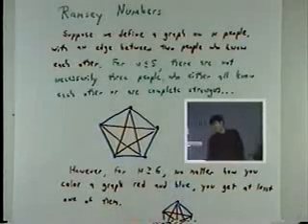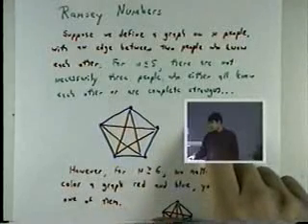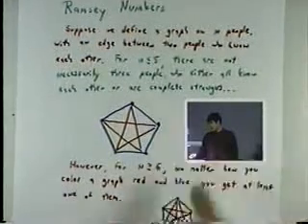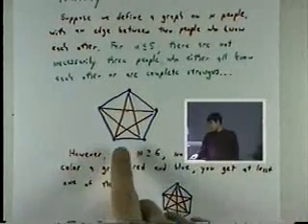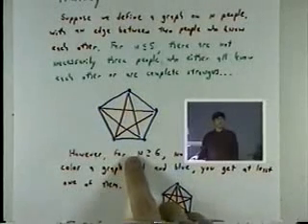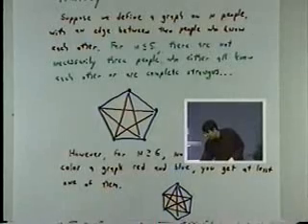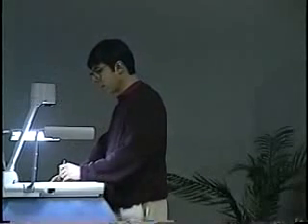Now, what's interesting is, if you have 5 people here, I claim that no matter how you color the edges, it's not necessarily true that you get a triangle of things the same color. What is a clique of people? A clique of 3 people, we'll say, are 3 people who mutually know each other, right?